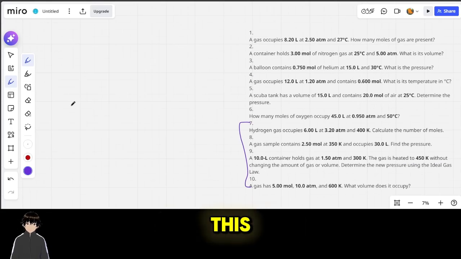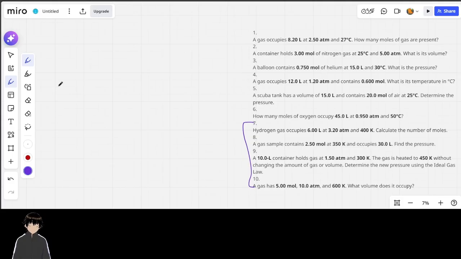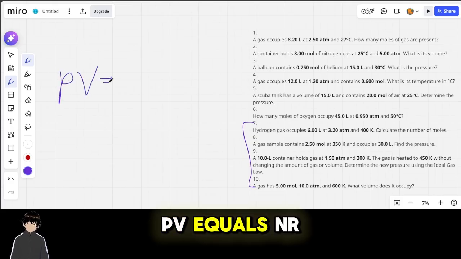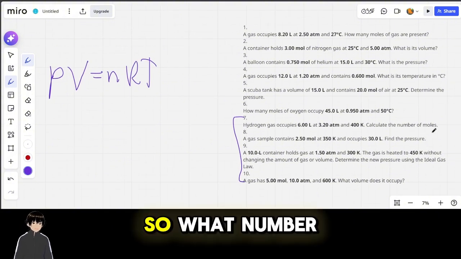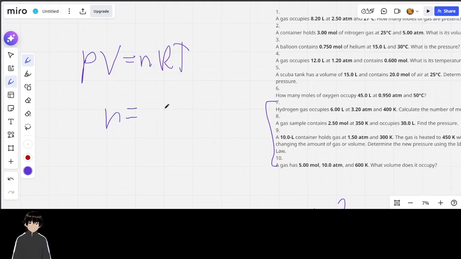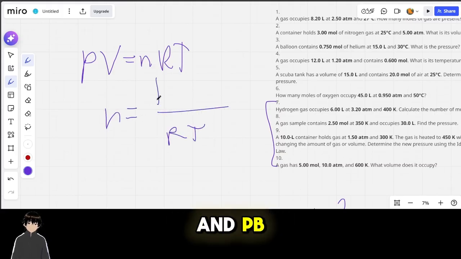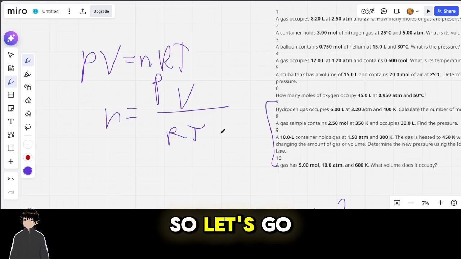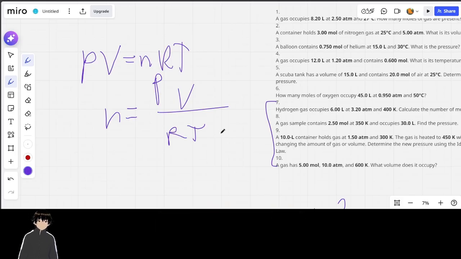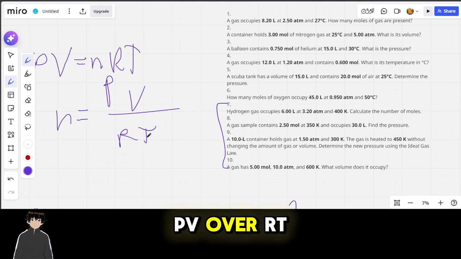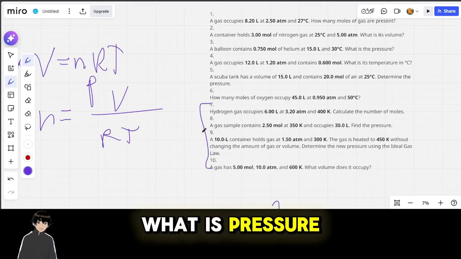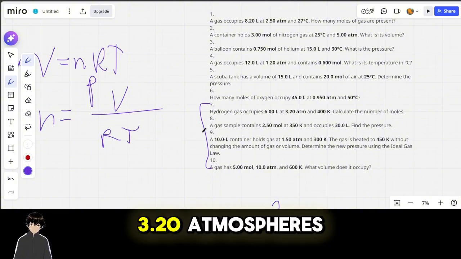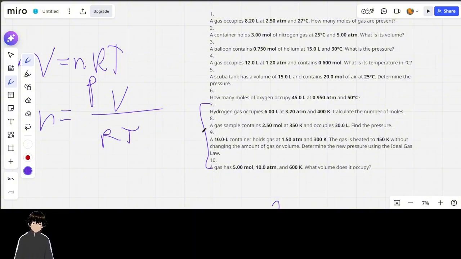So we have PV equals nRT. So number of moles, RT and PV. Let's do it. PV over RT. What is pressure? 3.20 atmospheres.